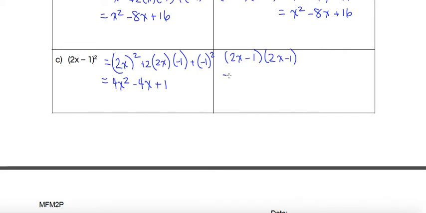So this is the same as 2x times 2x, which is 4x squared. 2x times negative 1, which is negative 2x. Negative 1 times 2x, which is negative 2x again. And negative 1 times negative 1, which is plus 1. So that is equal to 4x squared, and then negative 4x plus 1.